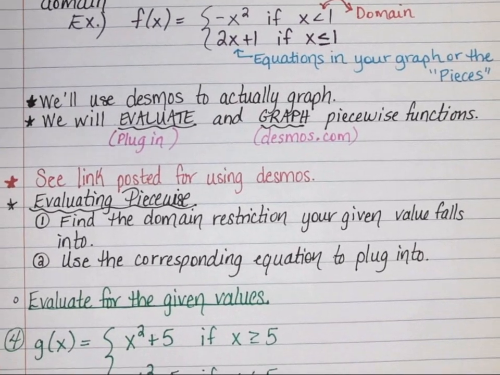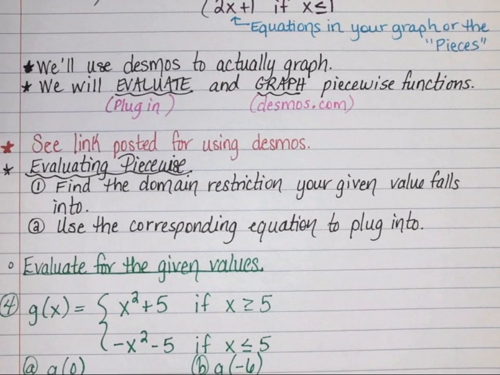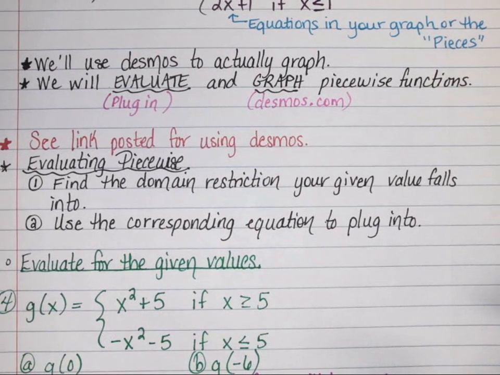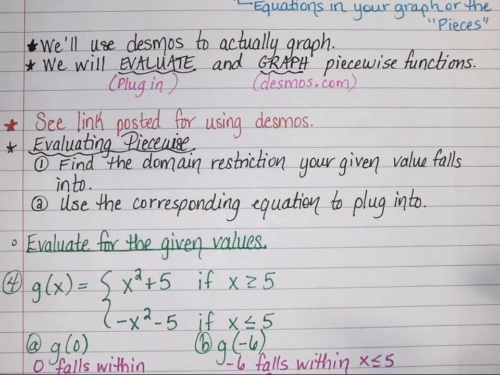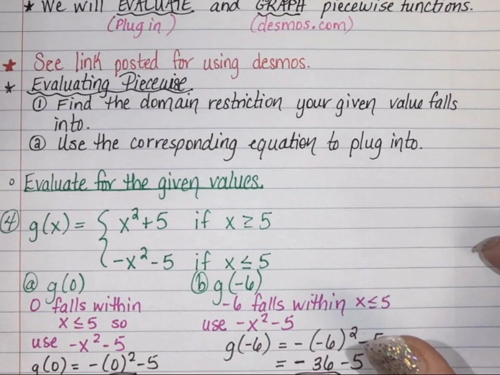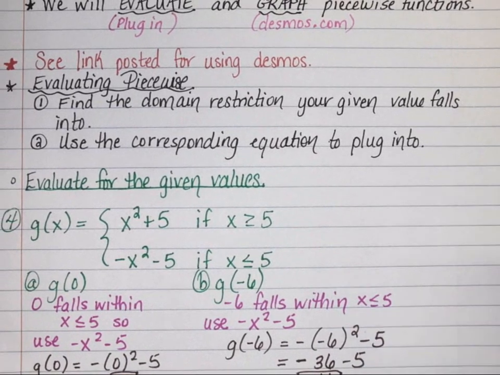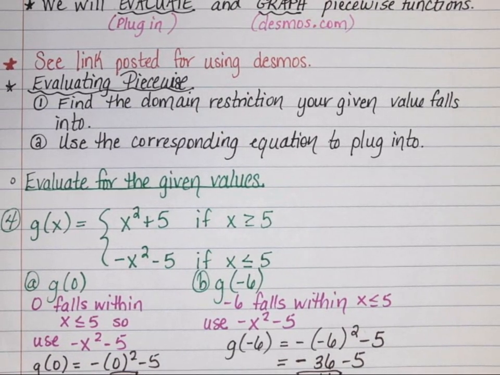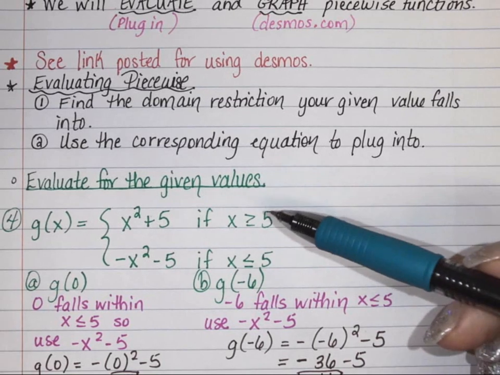So yay, not graphing by hand. We will evaluate, that's what I'm going to show you, and plug in and then graph them electronically. Evaluating a piecewise function, how you do that is you simply look at the value that they give you and you look at your domain restrictions, which are at the end.